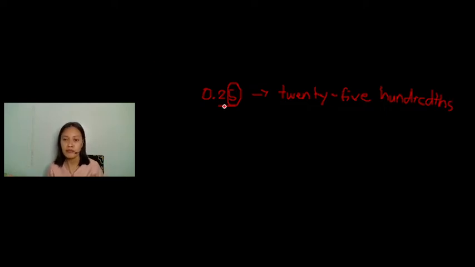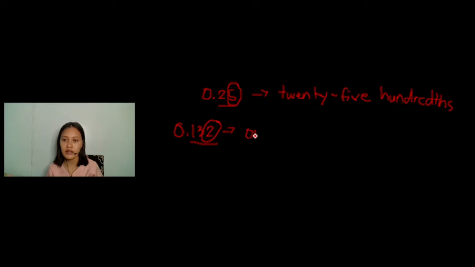Next, let's say we have 0.132. Again, in writing it in words or in reading it, read and write as if you're reading a whole number and then affix the place value of the last digit. So, we read it first and then look at the place value of 2. We affix it at the very end.